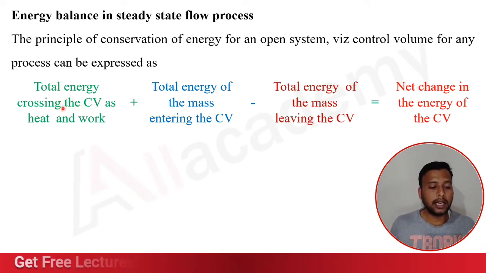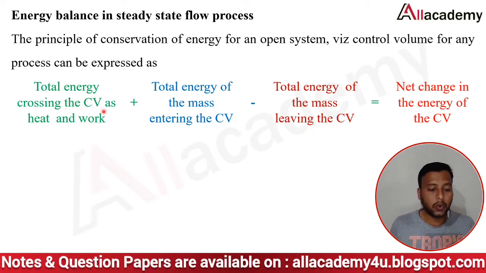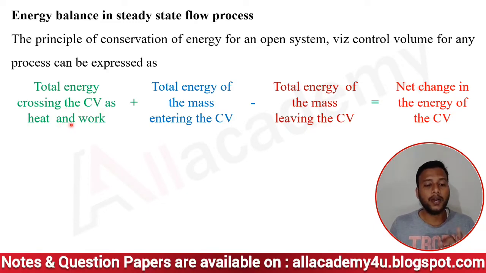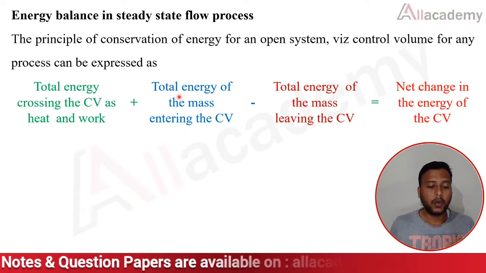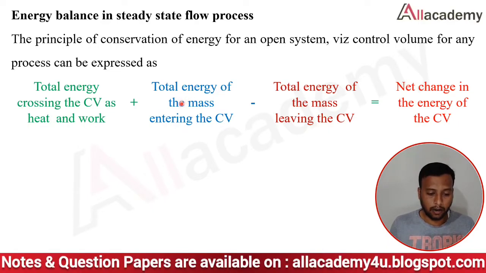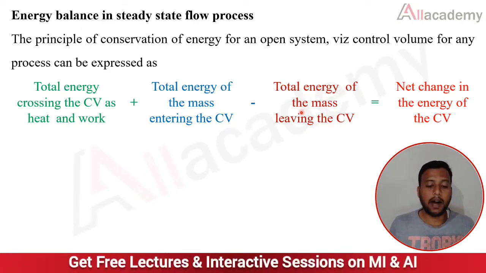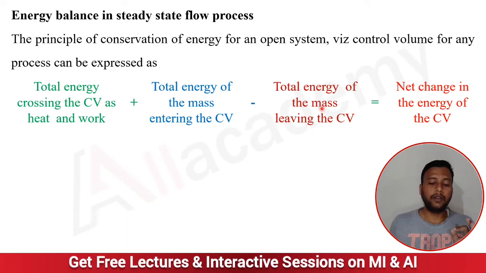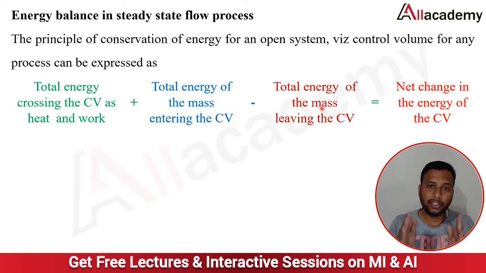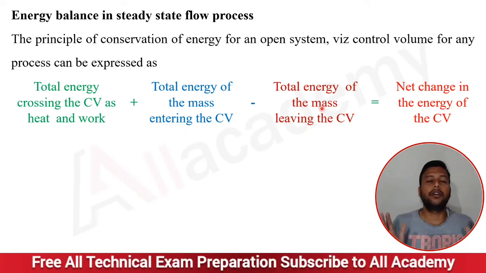The total energy crossing the control volume as heat and work, plus the total energy of the mass entering the control volume, minus the total energy of the mass leaving the control volume, will give us the net change in the energy of a control volume.